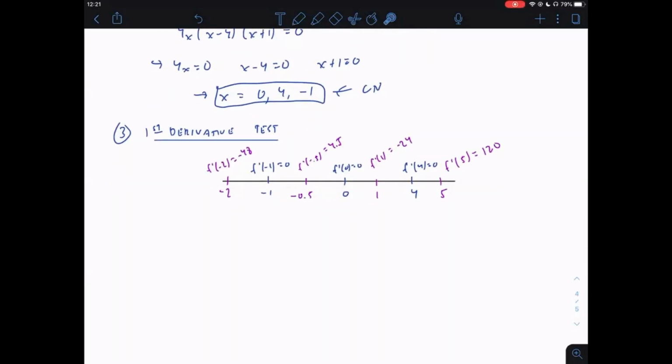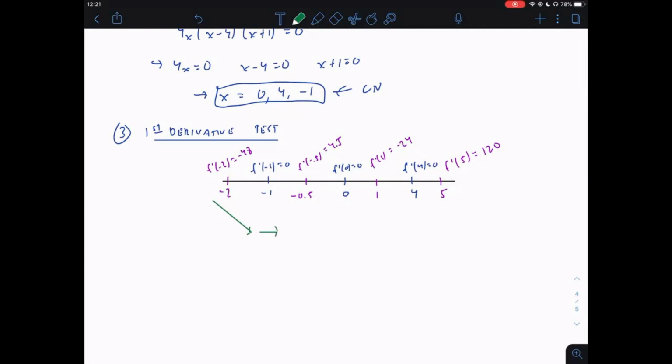Well, before our function hits this first critical number at -1, since we got a negative value for the first derivative here, that means our function had negative slope before it zeroed out. Meaning our function was decreasing before it reached that first critical number.